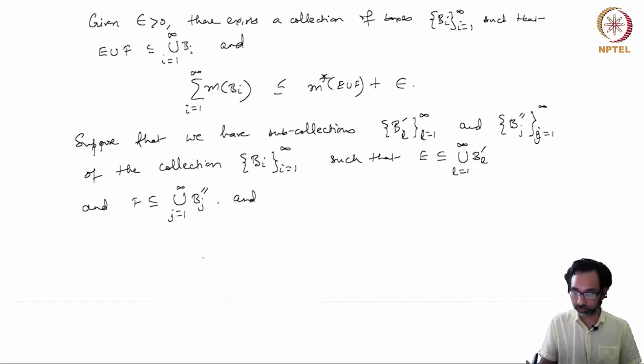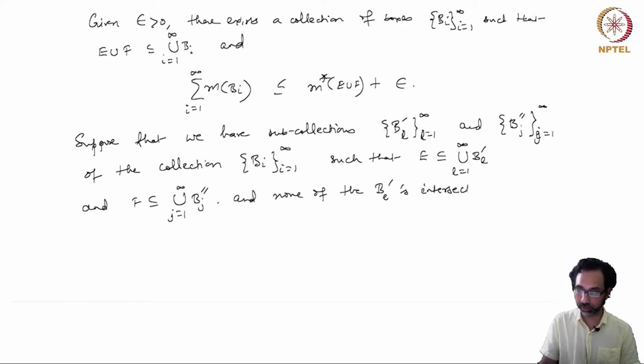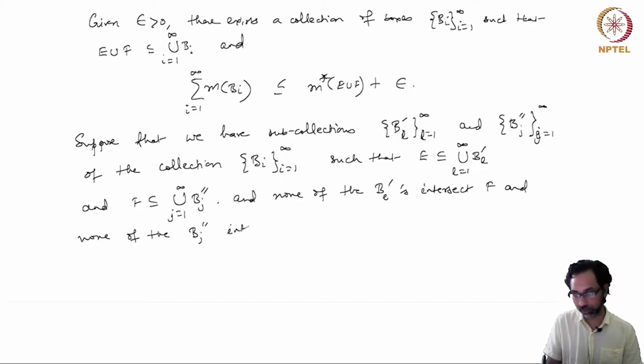We also suppose that none of the Bl prime intersect F and none of the Bj double prime intersects E.